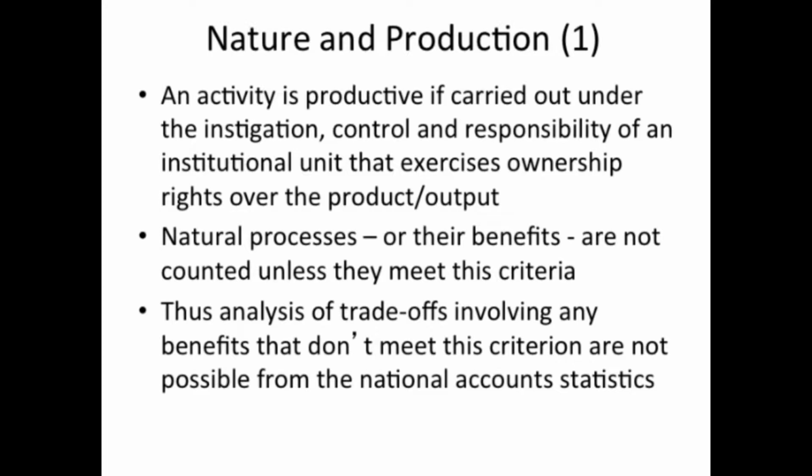On the other hand, fish population growth, or the growth of stock of fish on a fish farm, does meet this criteria, and so that process does fall implicitly within the scope of the production.